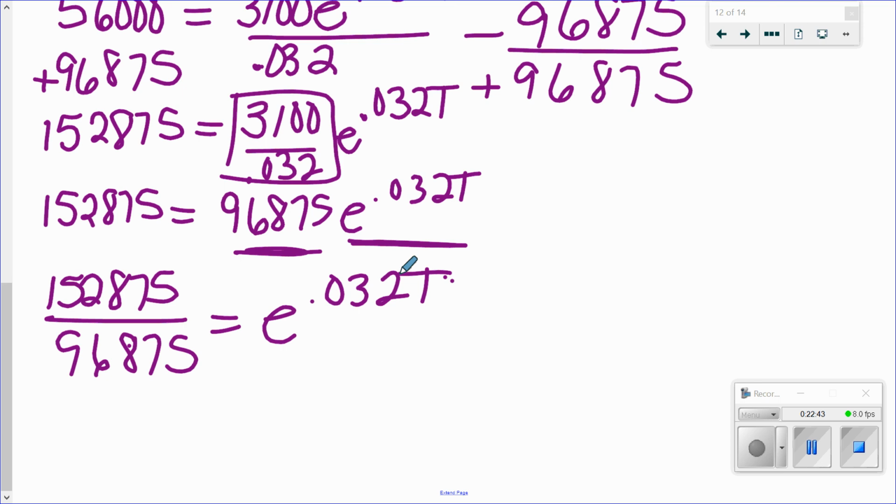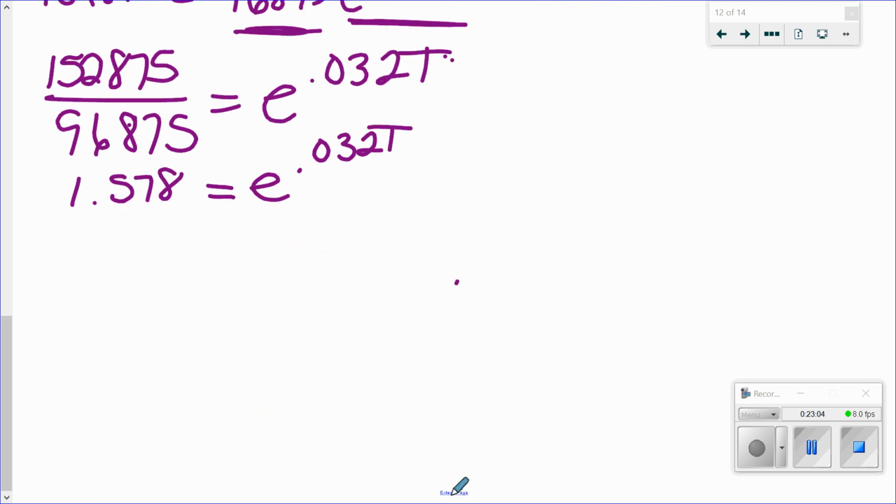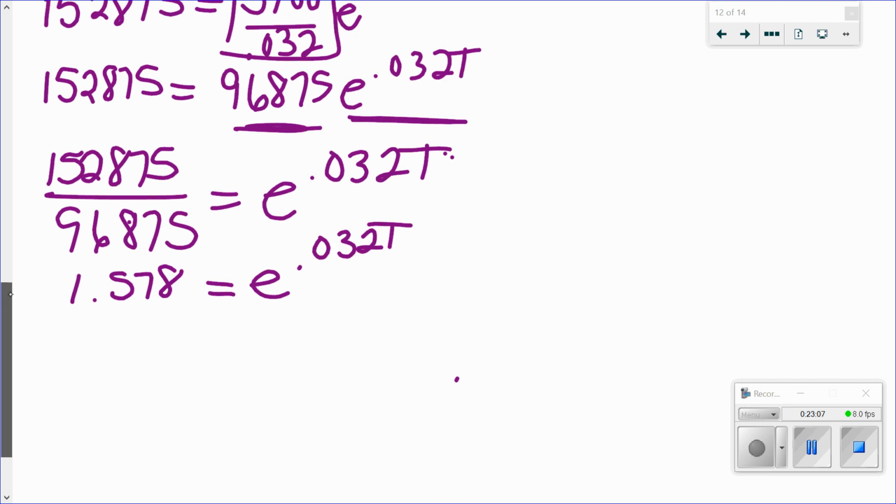And we'll go ahead and simplify that. Okay, so we have 1.578 equals e to the 0.032 t. Okay, you don't have to do quite as many steps as I'm doing.